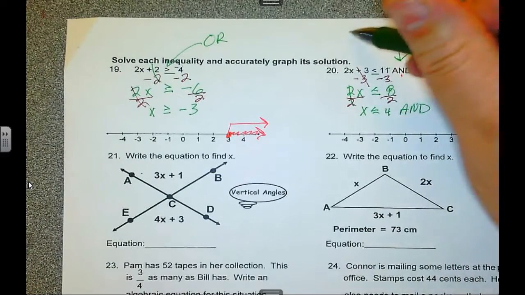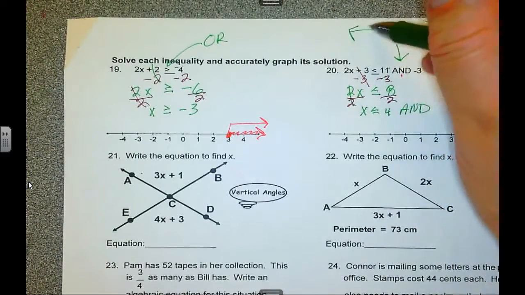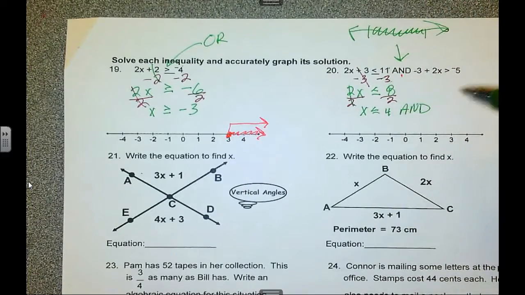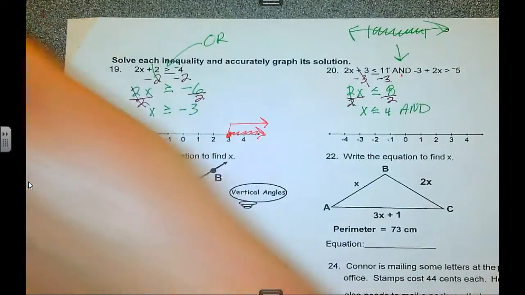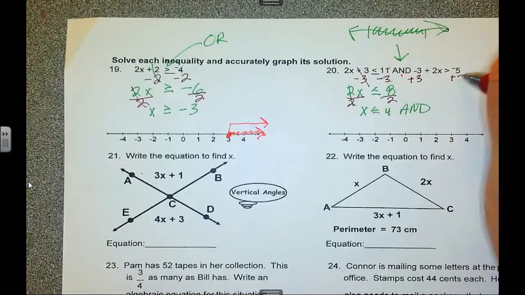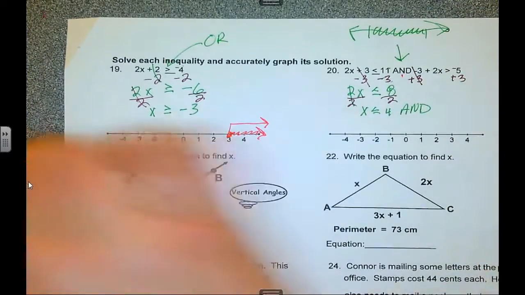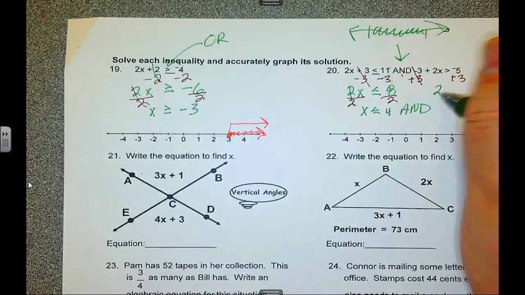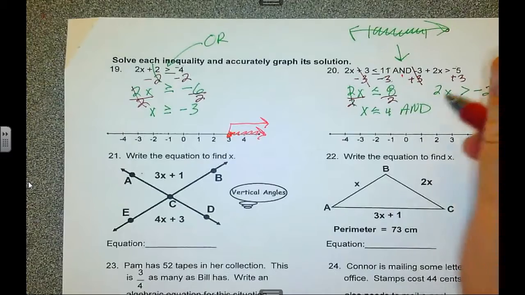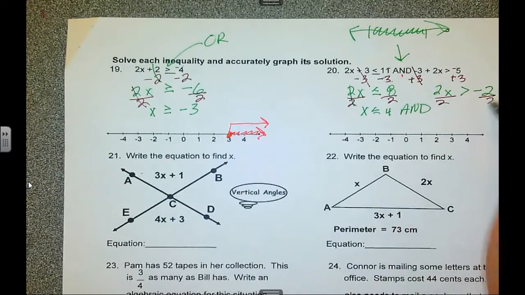Now, ands are going to look like in between, right? Okay, we're going to add 3 to both sides. I get 2x greater than negative 5 plus 3, negative 2. Divide by 2.